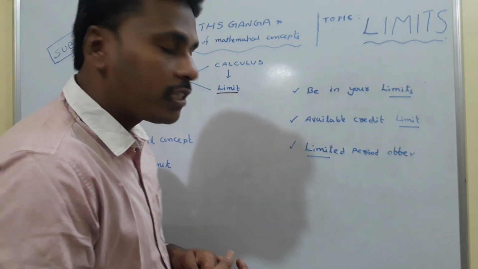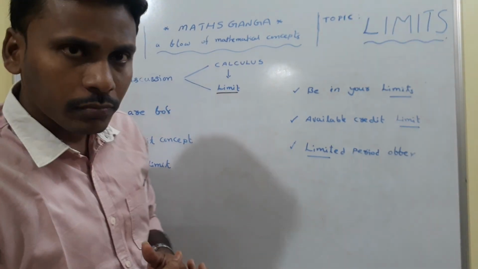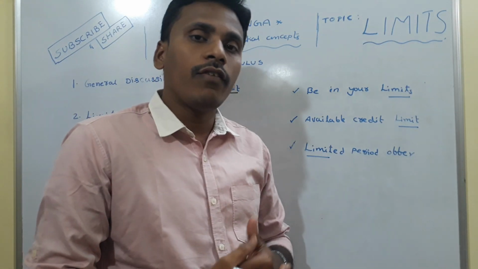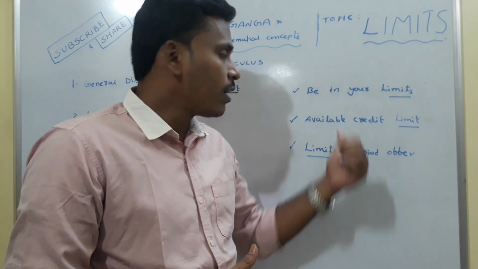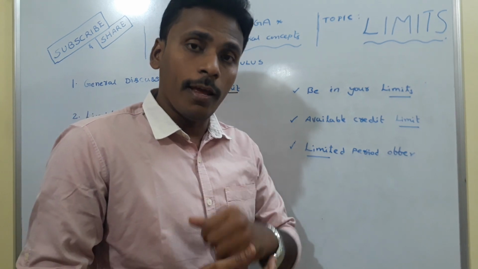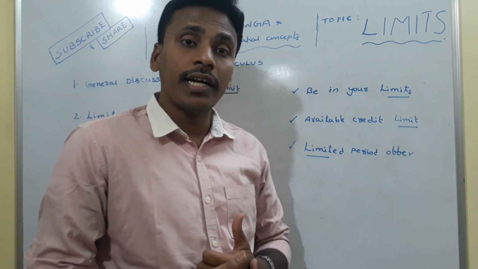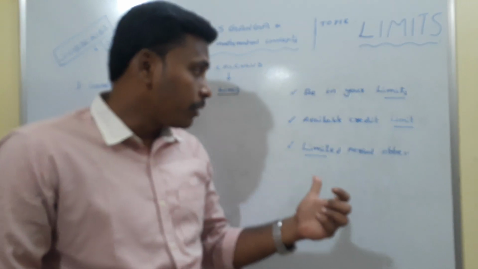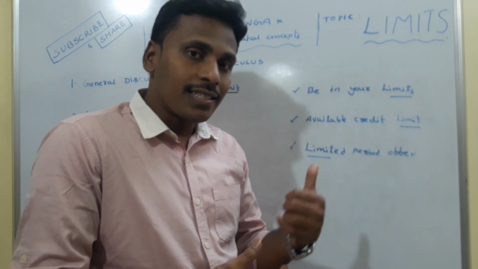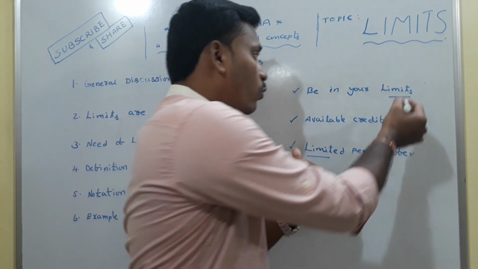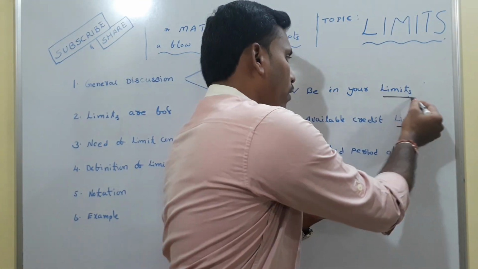Usually, the general discussion is that in our regular life we come across these types of sentences: be in your limits, an available credit limit, limited period offer. In such sentences, the word limit is already involved.